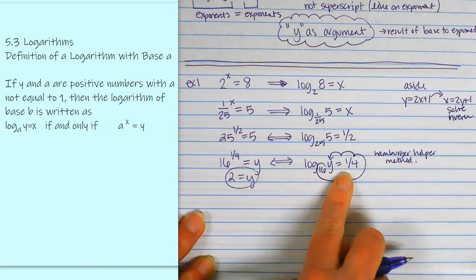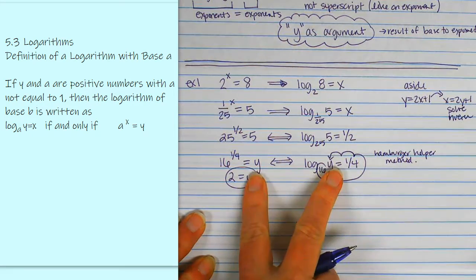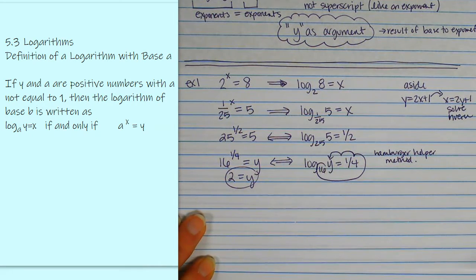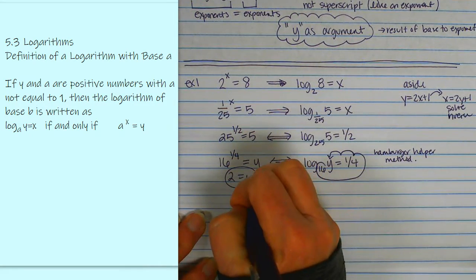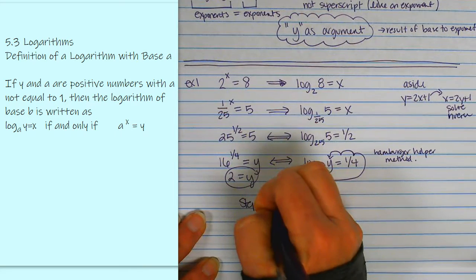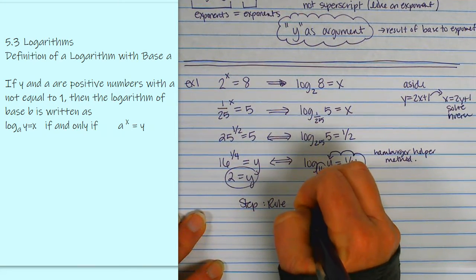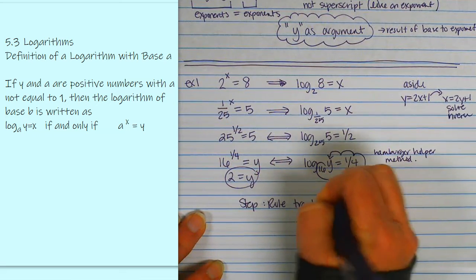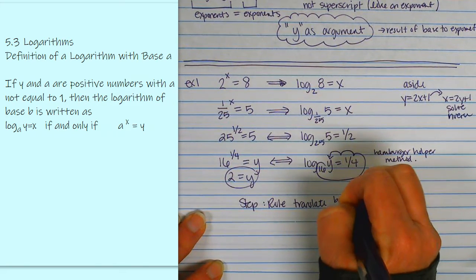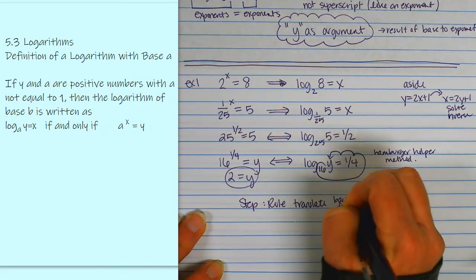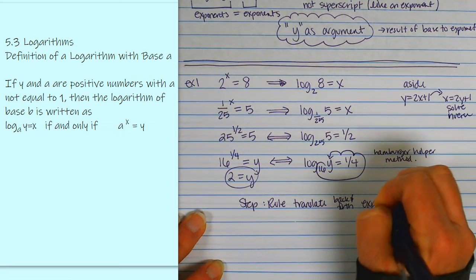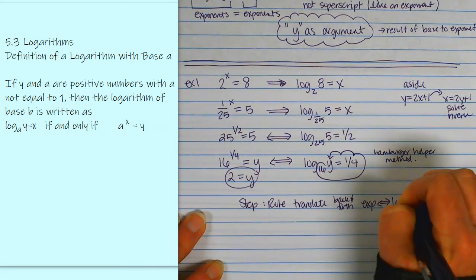Okay, so these are inverses of each other, and I'm going to show you that with a graph in a minute. So step one rule you need to know is how to translate back and forth between an exponential equation and a logarithmic.